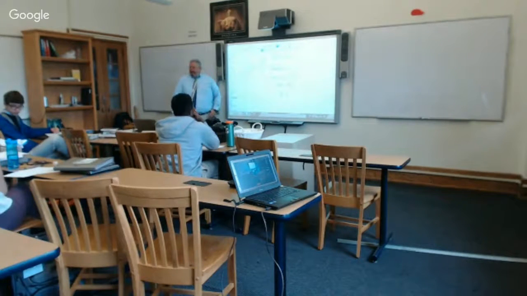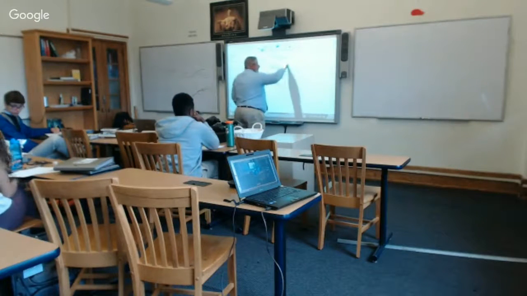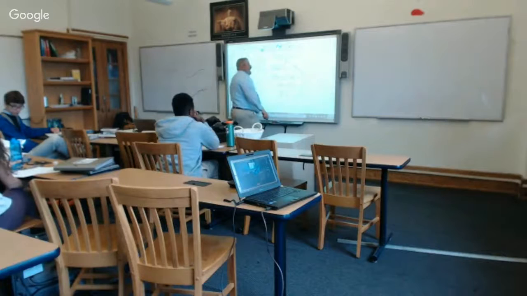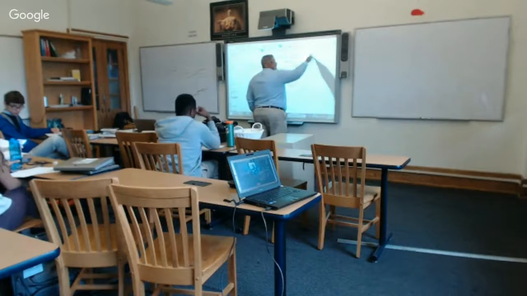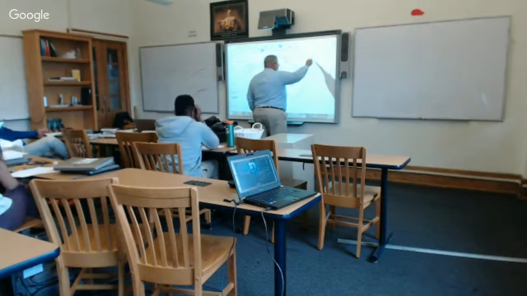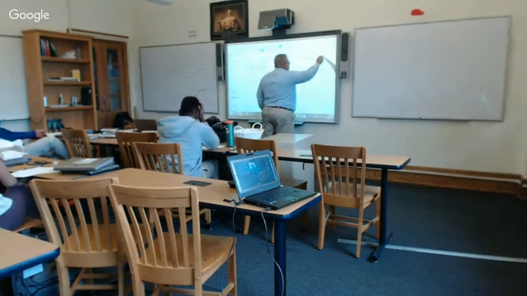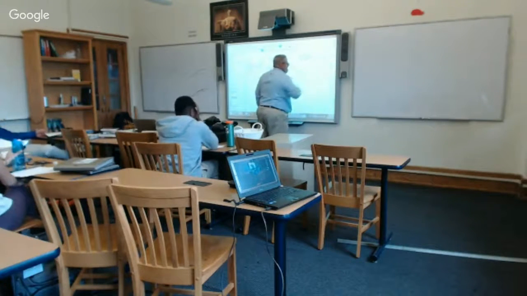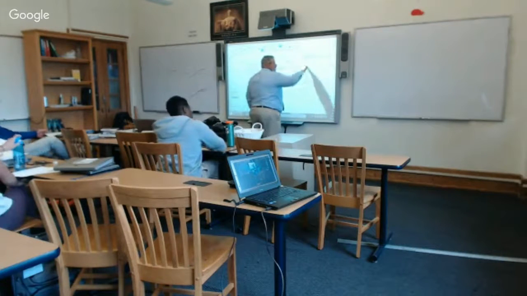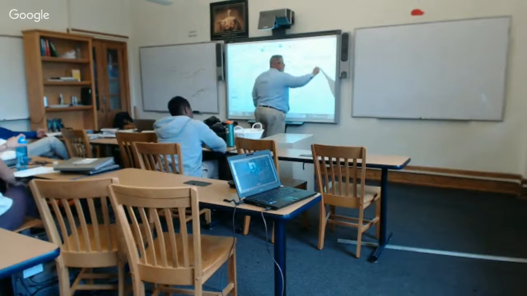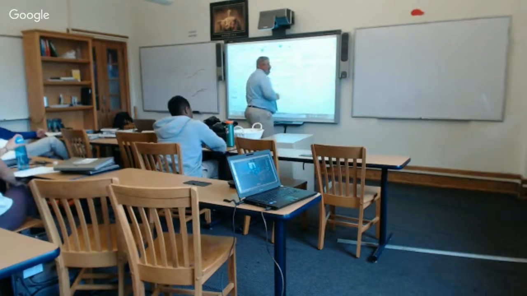If I plug this back in, what do I get? I get the square root of 6 times 9 minus 5 plus 10 equals 3. I get the square root of 54 minus 5 plus 10 equals 3.